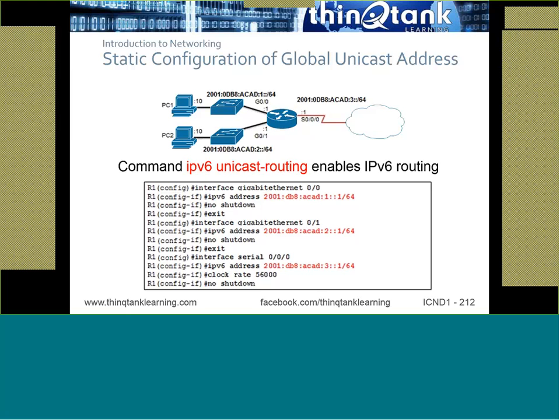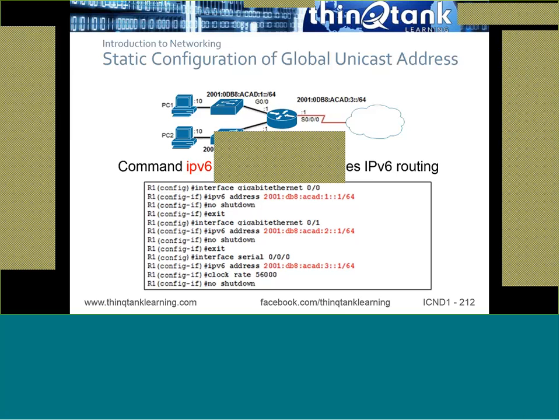And I think this really demonstrates that concept, right? The first 48 bits are the same for all 3 networks. This is the subnet. This is the host in the subnet. So you don't have to have these addresses like 2001 DB whatever, ACAD whatever, the 128-bit long address. And we're going to do that configuration a little bit later on.